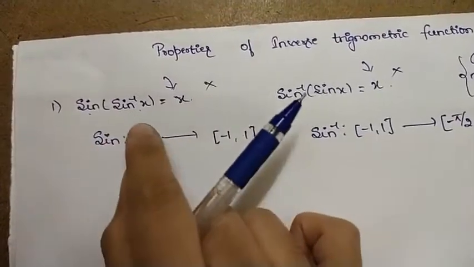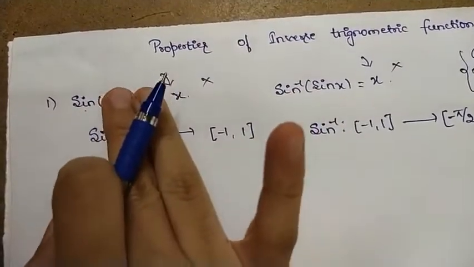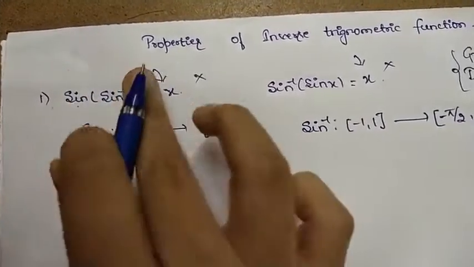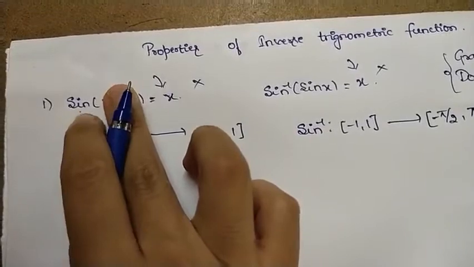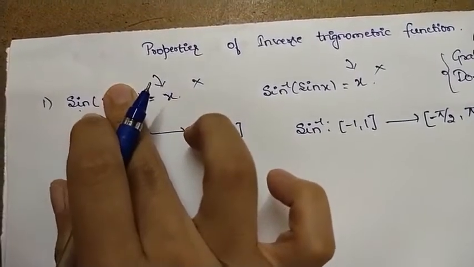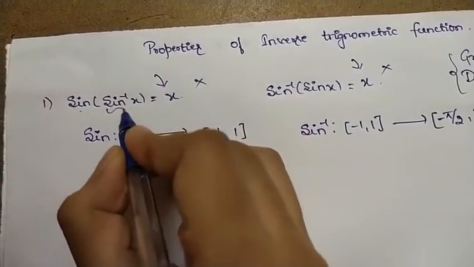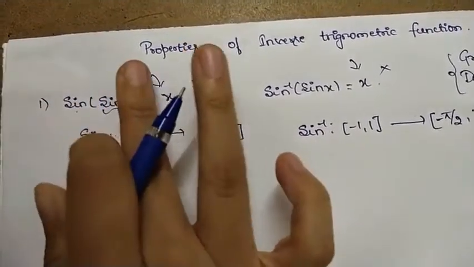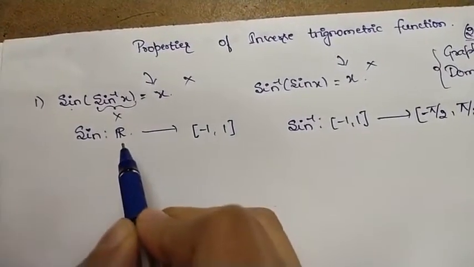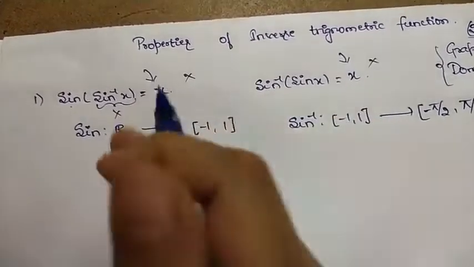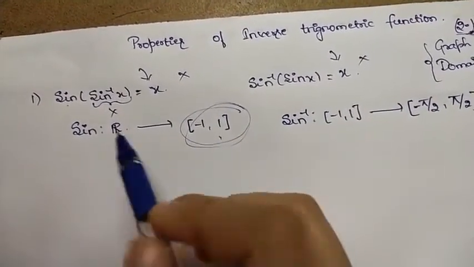So clearly, if I say sine of sine inverse of x, consider that it has sine of some variable. If I consider the whole inner part as one x, where is sine x going to lie? If we take x from here, sine x is always going to lie in the range of the sine function.